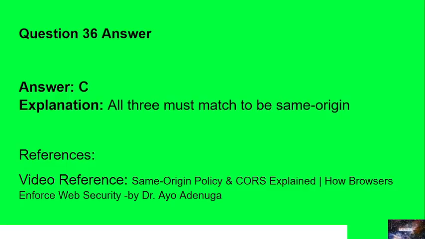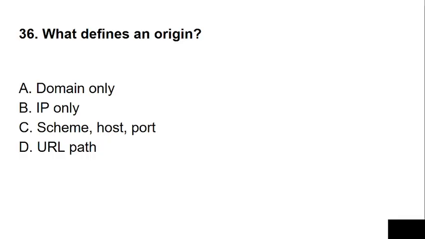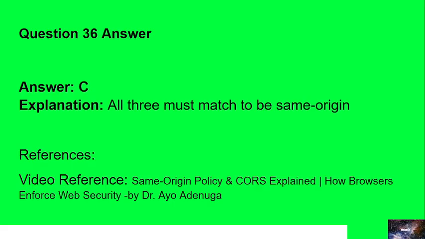The answer is C. All three must match to be same origin: scheme, host, and port. And the video reference for that is Same Origin Policy and CORS Explained: How Browsers Enforce Web Security. Check it in the link.